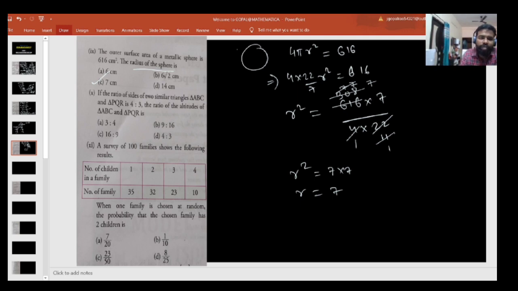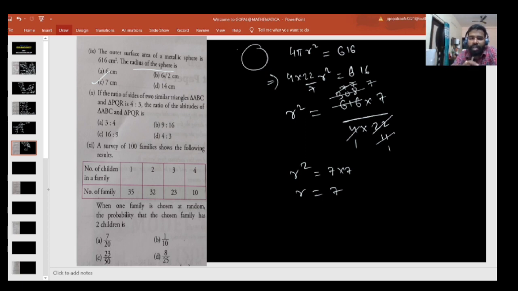So if the ratio of two sides of similar triangle ABC and triangle PQR is 4:3, then the ratio of its altitudes. Okay, so the question is simple, but I'm not going to solve this because as per ICSE this part is removed for this year's students.